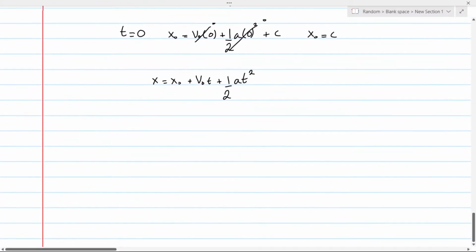This equation has the variable initial velocity. But suppose we don't know what initial velocity is. Instead, we could do this.